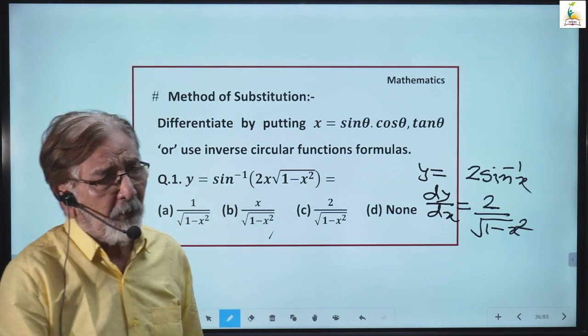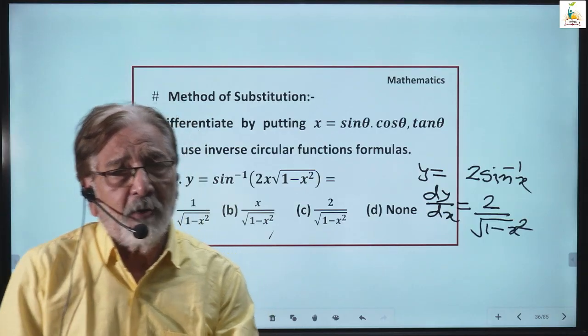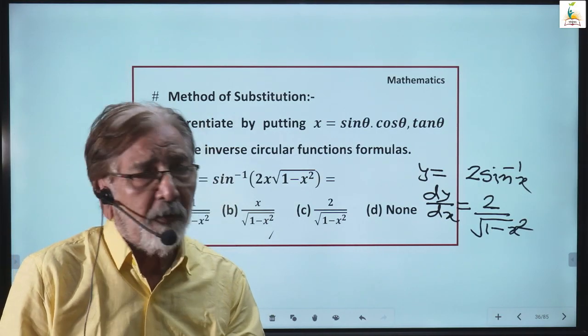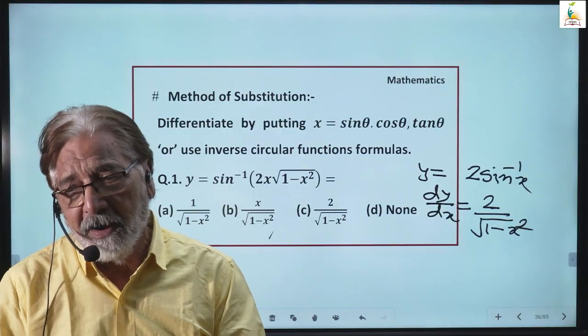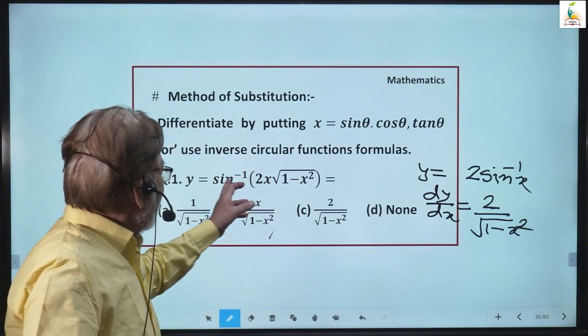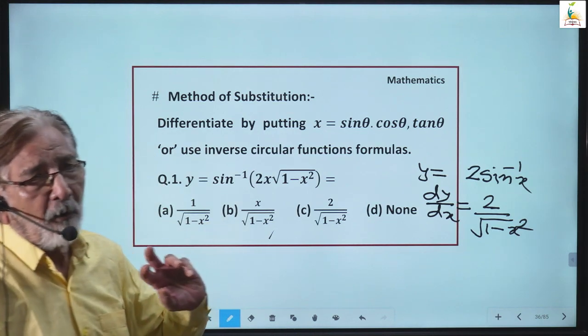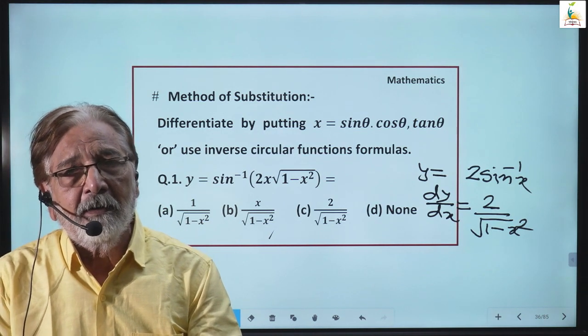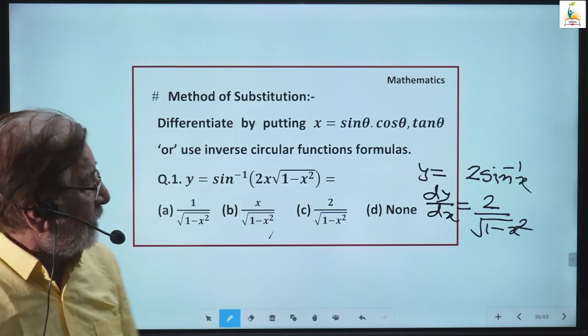Second way, if you don't remember the formula, then as I told you, put x equal to sin theta, cos theta, tan theta in such a manner that if outside the bracket it is sin inverse, inside the bracket we should also get sin.